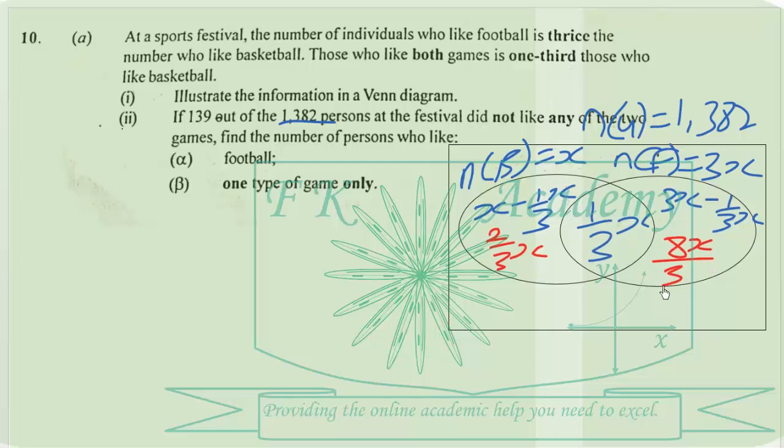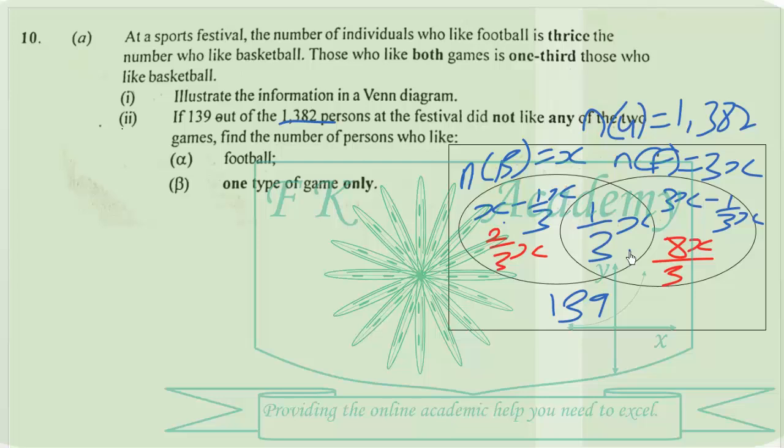And we're given that 139 out of the 1,382 did not like any of the two games. So 139 will come here. So adding all these regions should give us 1,382. So let's do that.